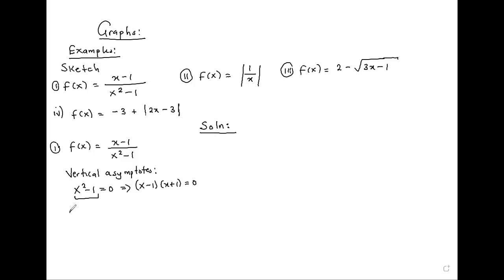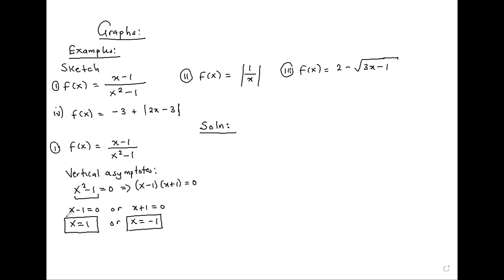And then x minus 1 equal to 0, or x plus 1 equal to 0. So x is equal to 1, or x is equal to negative 1. So we have these values. These are the values of x.